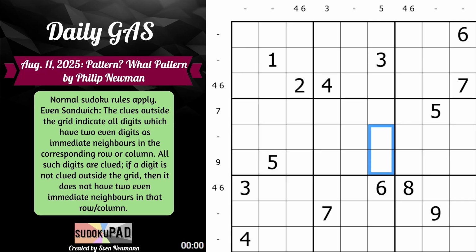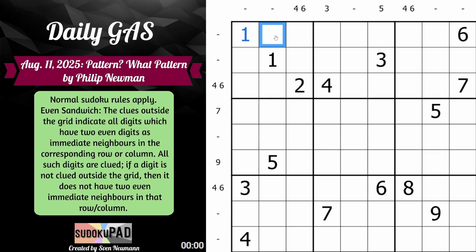And Philip does add a little clarification. The clues do need to indicate two even neighbors, not all their neighbors are even. So, for example, if this cell here, row 1, column 1, was odd, let's say 1. I guess it could also have been even, but let's just use 1 for the example here.